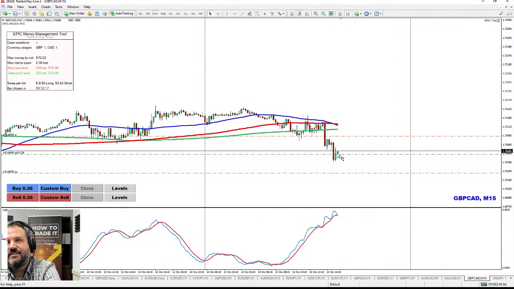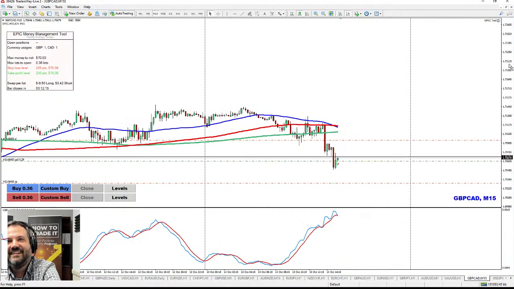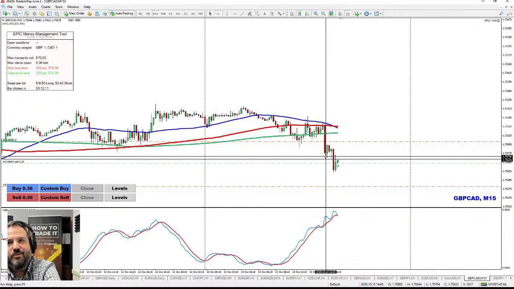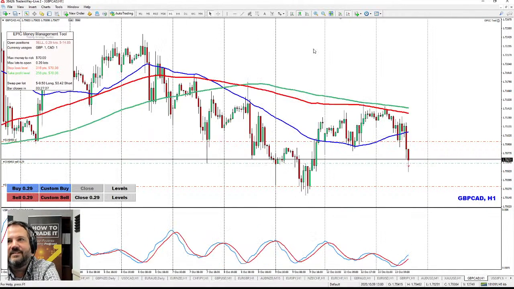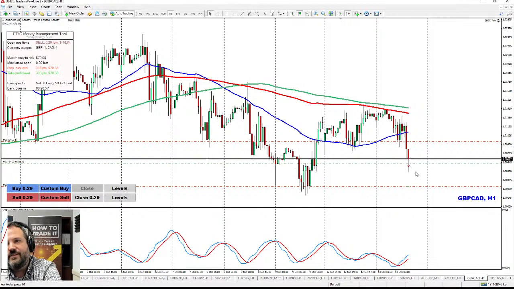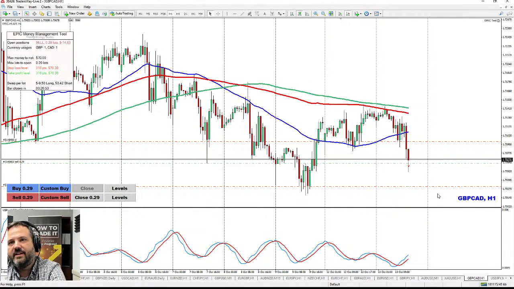Which now it's not looking too good. This was a breakout to the downside. You can see that it broke below this 50 period moving average really strong, had some nice downward momentum. Was looking for this to keep moving down here to follow the trend. Still I think is still a pretty solid trade.